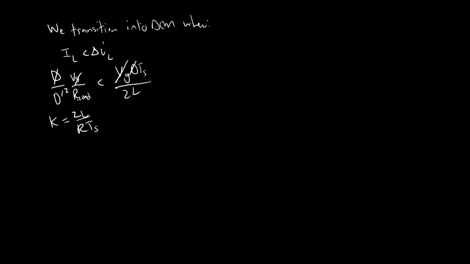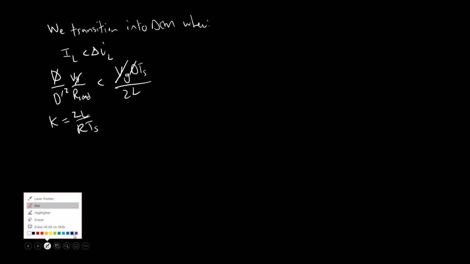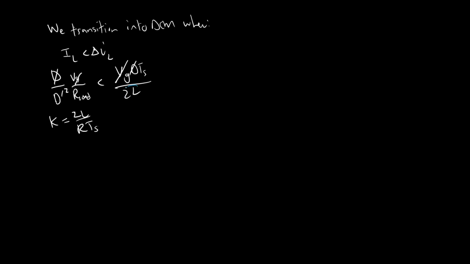So we want to get this into the form where we have K is less than some function of D. So I'll just rearrange, right? I bring 2L up here, Ts goes here, and then the D prime comes to the other side.